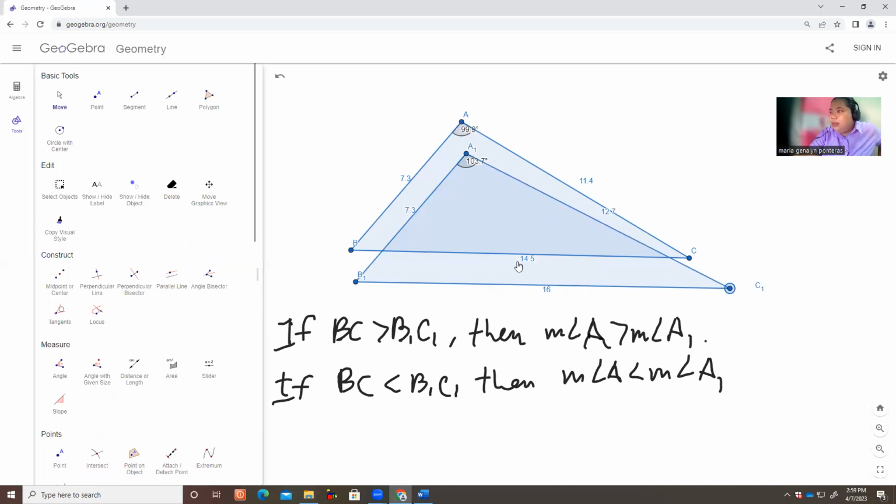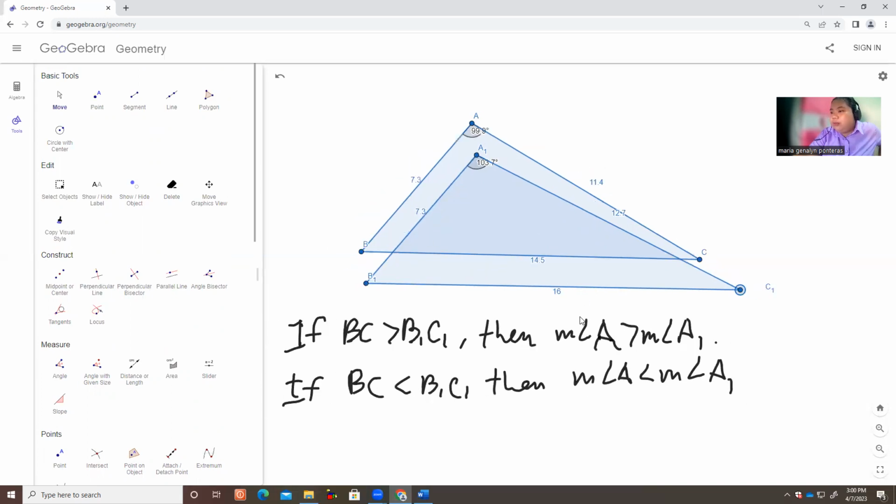So, if the third side of the second triangle is 16, the included angle ng second triangle natin, yung opposite nito, 103.7. So, kung naging greater si third side ng second triangle, 14.5, so less than na ngayon yung relationship ng dalawa. And at the same time, yung relation ng included angle ng first triangle sa second triangle is now less than. Okay, so that's the converse of Hinge theorem.